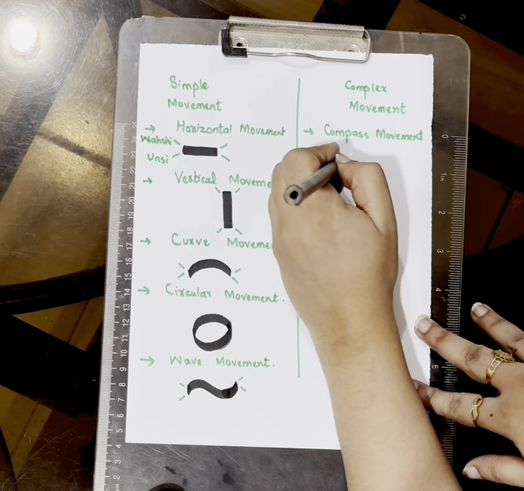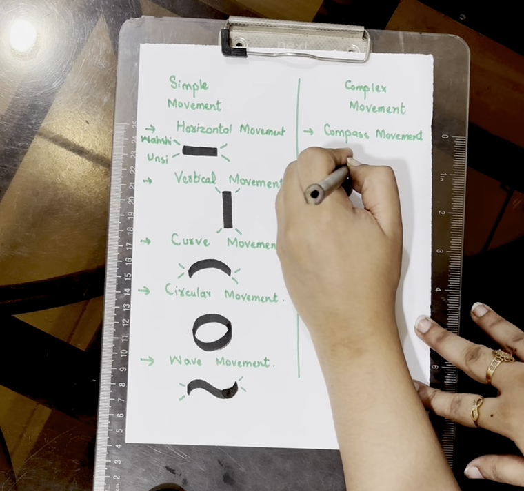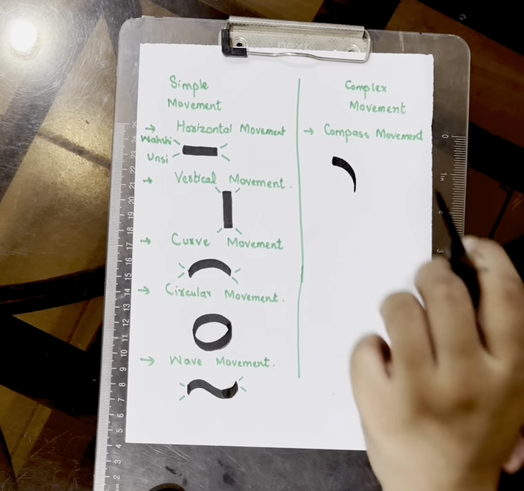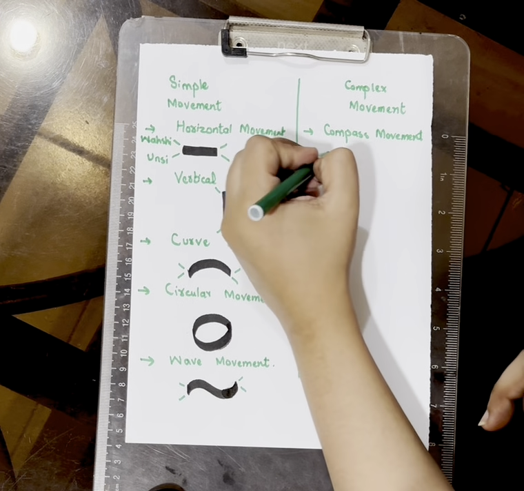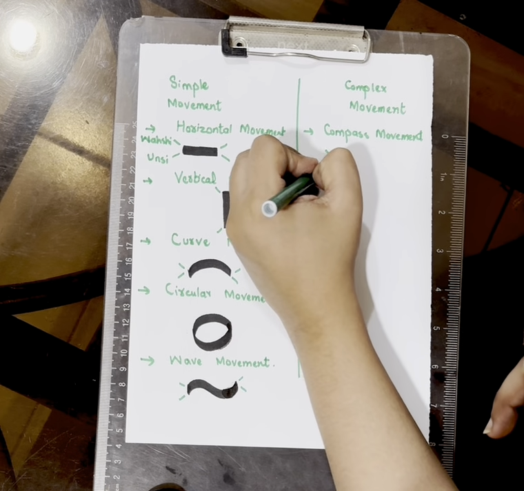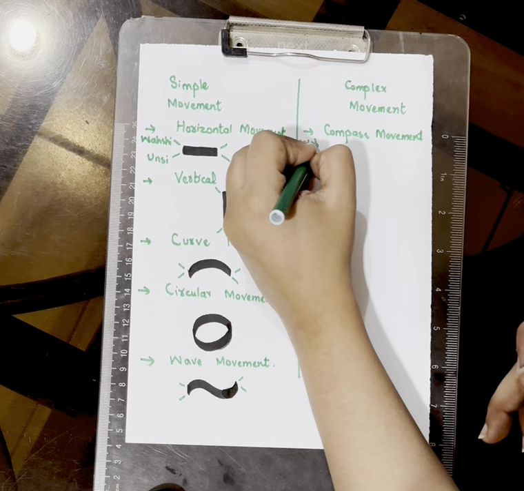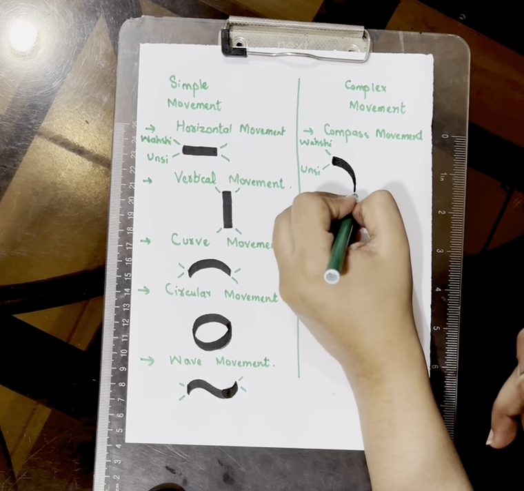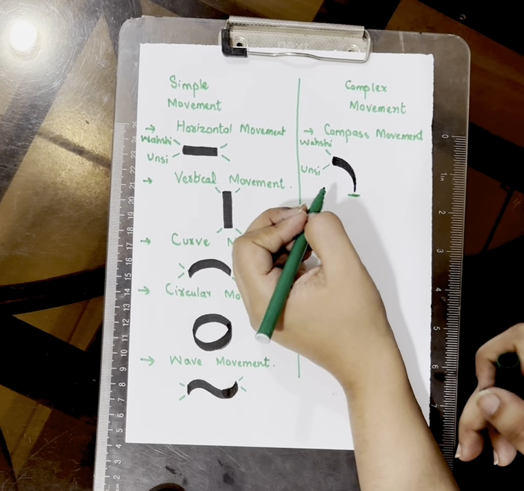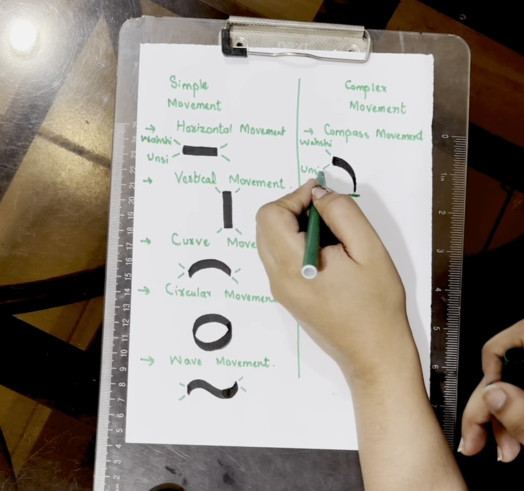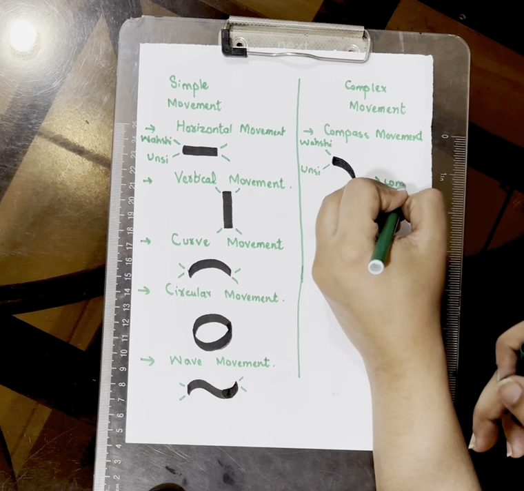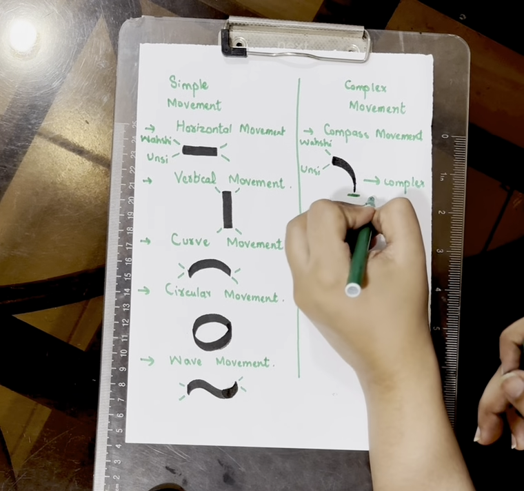You place your kalam at the 90 and move your kalam downward. Here you can see you start with a 90. This one, washi and unsi. But in the end, you cannot differentiate the both sides of the kalam. This is called complex movement of the kalam.